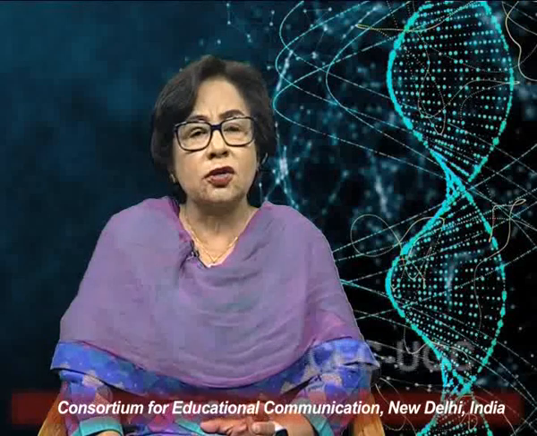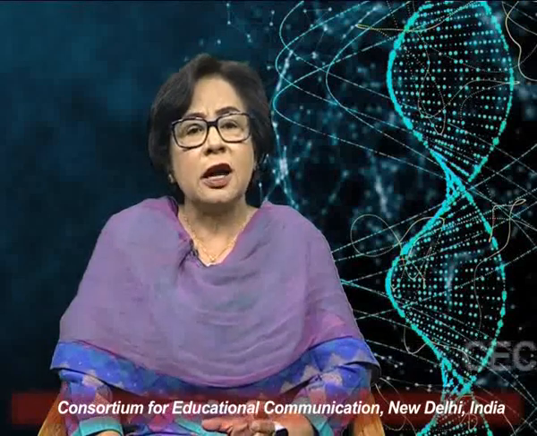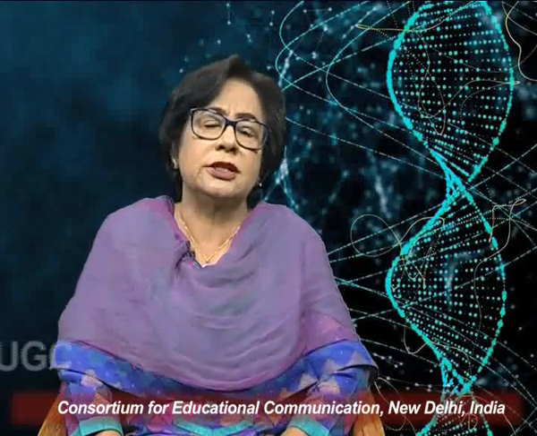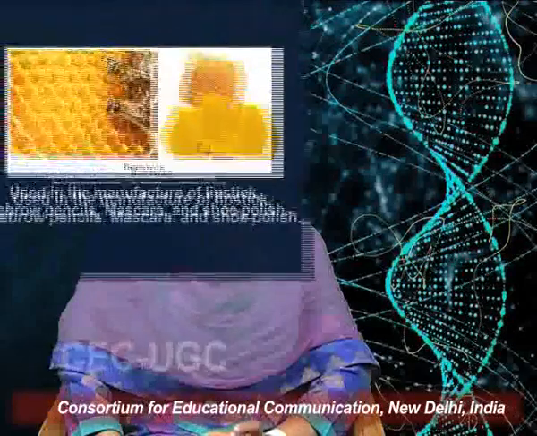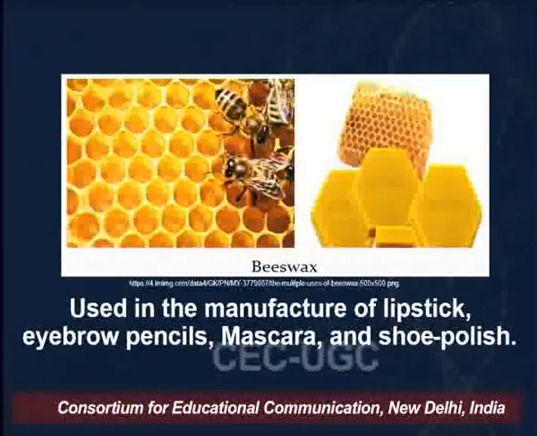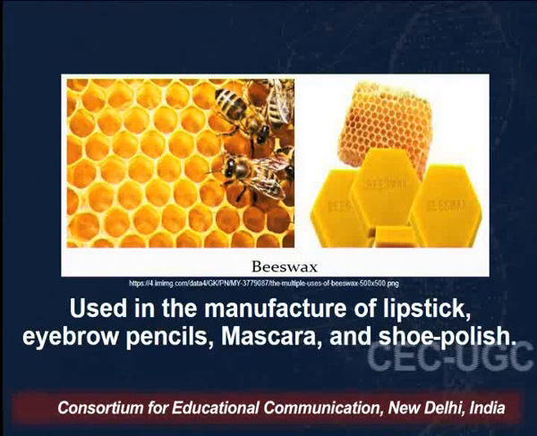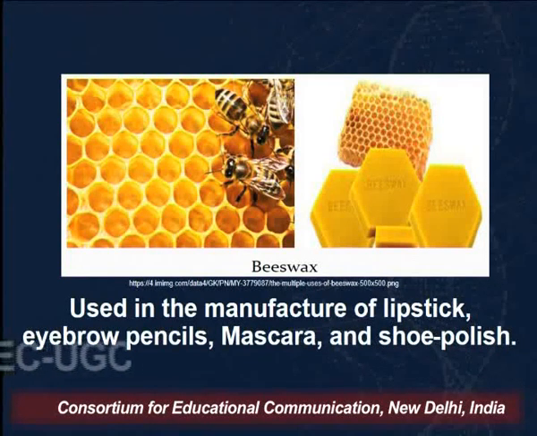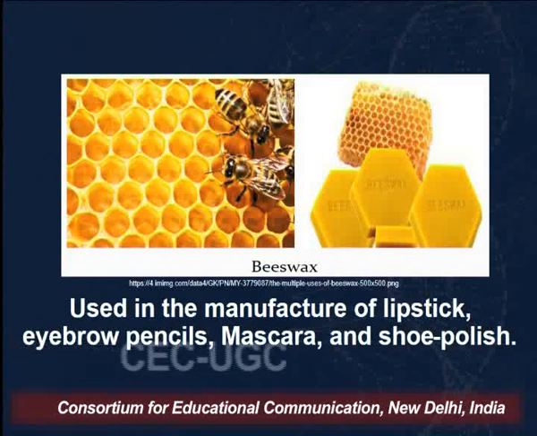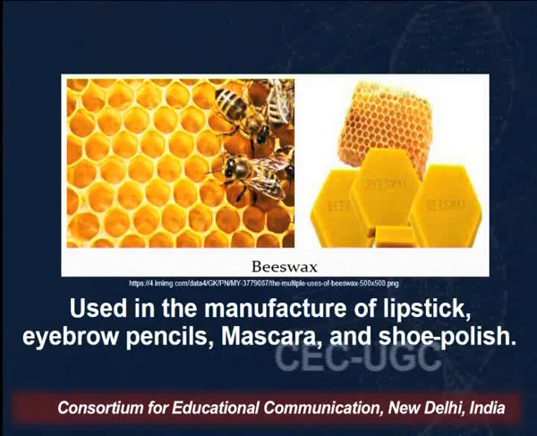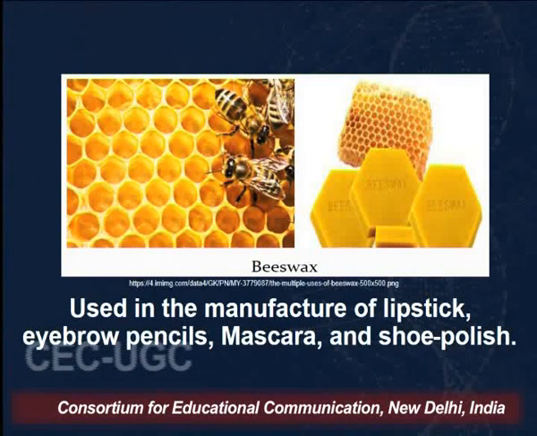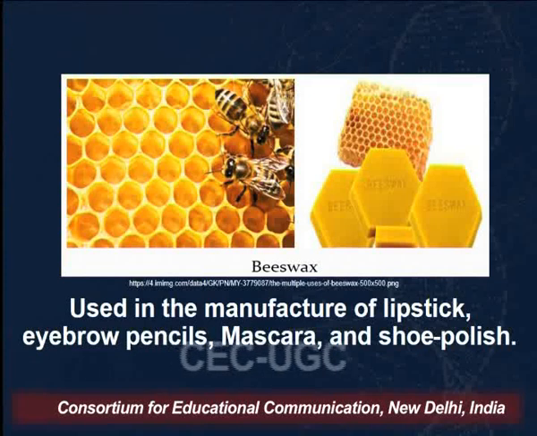And when you look at your screens, you find that honeycomb is a very intricate structure. It looks like some architect has built it beautifully. It has hexagonal cells which are of equal size, and once this beeswax is processed, it looks something like hexagonal plates, which you can see on the right hand side of the screen, and they are smooth.